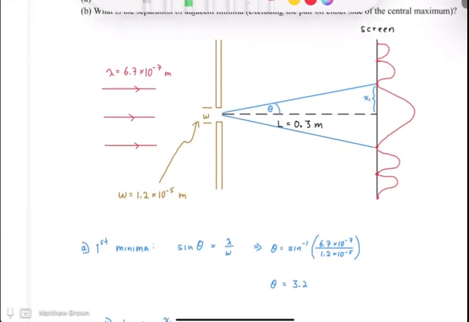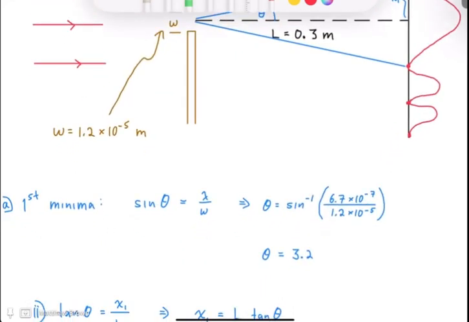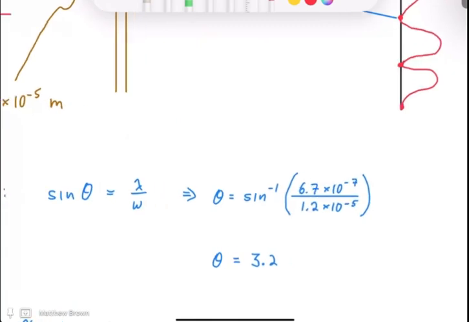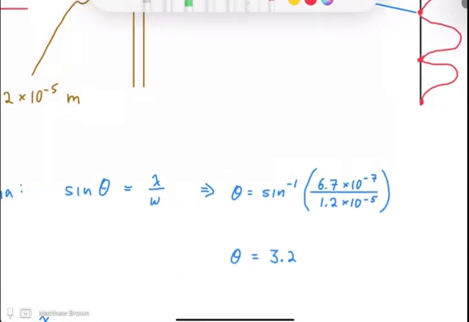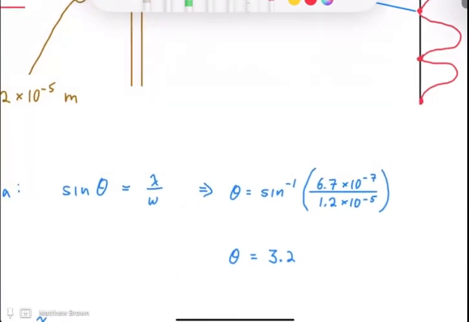So for the first minima, we can use that equation we developed where sine theta equals n lambda over w. But it's the first one we want, so n is just 1. I can rearrange that. We need to take the inverse sine of both sides to get the angle, and I put in the numbers there for lambda and for w. Note that I put both of them into meters so that it was consistent, and that gives me an angle of 3.2 degrees.